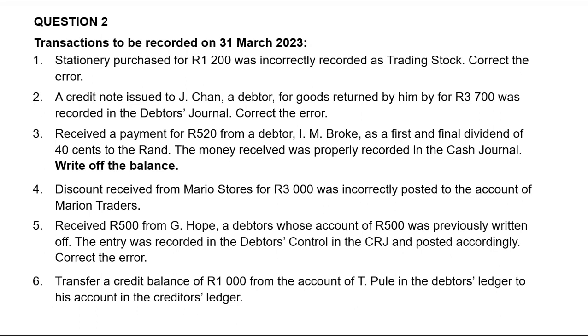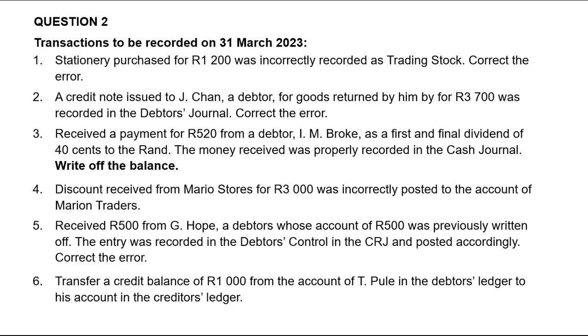So when you purchase trading stock, because it is an asset, it will increase on the debit side. That's why I know that they debited trading stock and they credited bank or creditors control. The credit is correct. The problem is the debit.